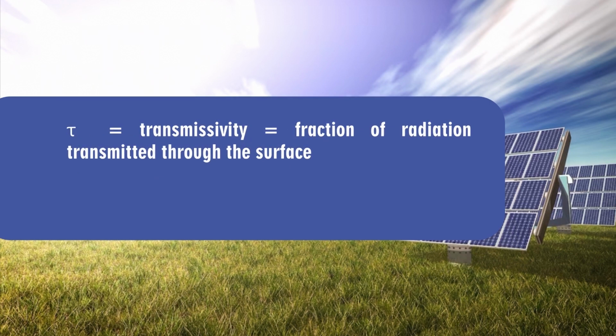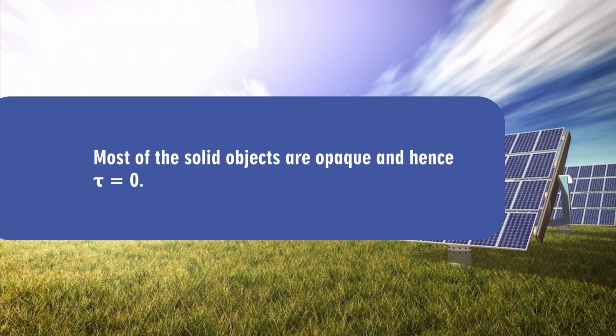The third term, tau, denotes the transmittivity, or the fraction of radiation transmitted through the surface. So you can write alpha plus tau plus rho is equal to 1. Most of the solid objects are opaque, hence you can say the value of tau is equal to 0, or you can say it will not transmit.